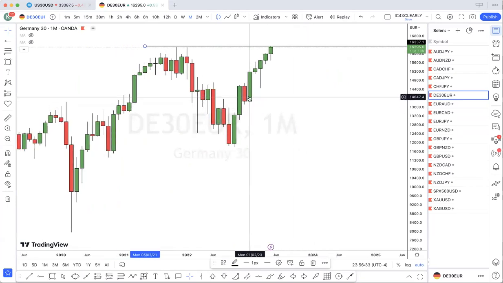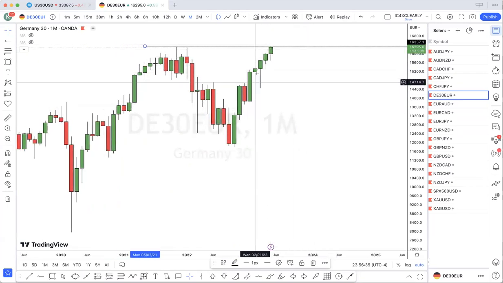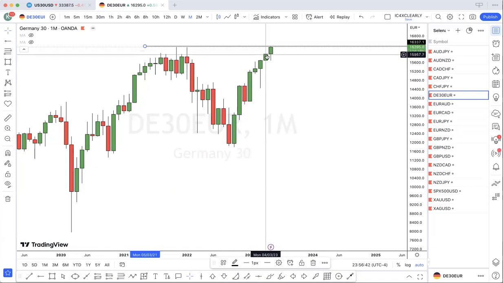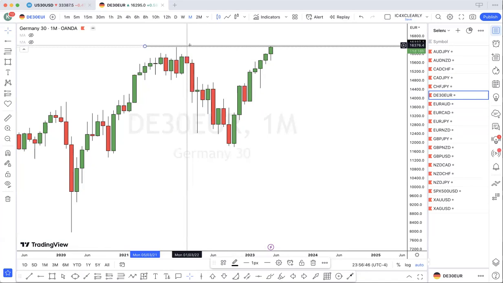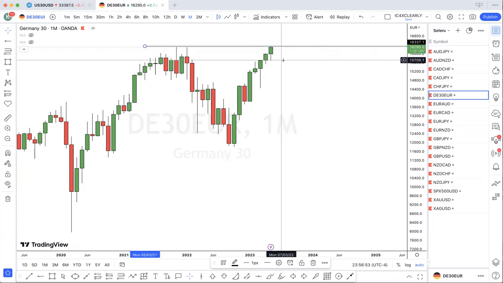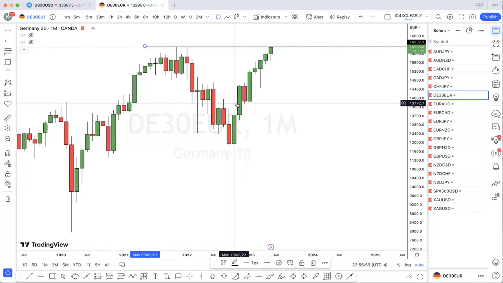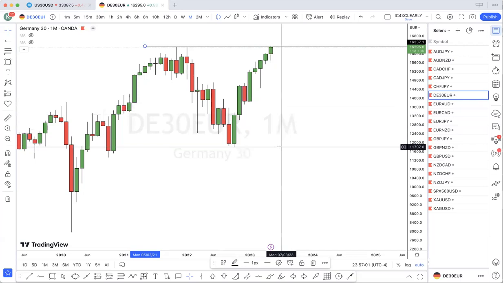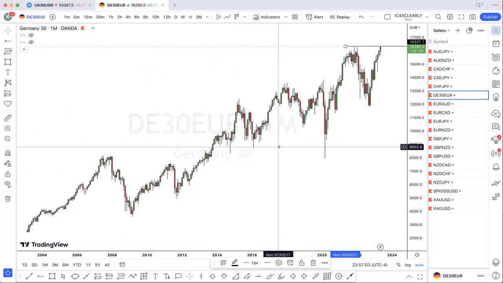We have a massive impulse move here, and it just kept going for 1, 2, 3, 4, 5 months. So I'm expecting these highs to be taken out. And then a sell back down to this order block that has already been filled, maybe to this imbalance, or a continuation to the downside.